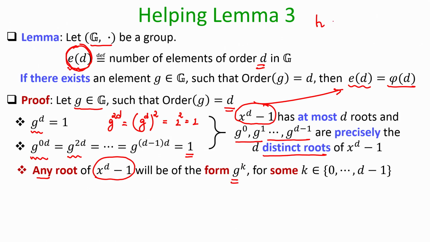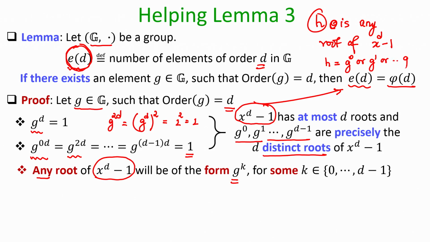What I am saying is that if h is any root of x power d minus 1, then h is either g power 0, or g power 1, or like that, g power d minus 1, because I have shown that the only roots possible for this polynomial are g power 0, g power 1, up to g power d minus 1.